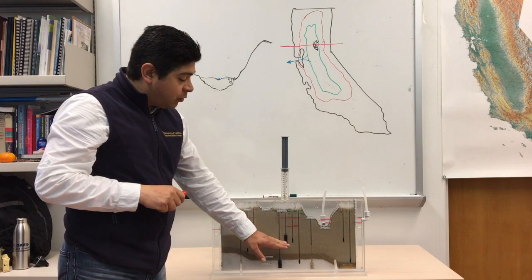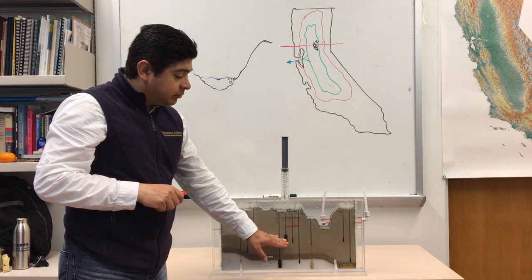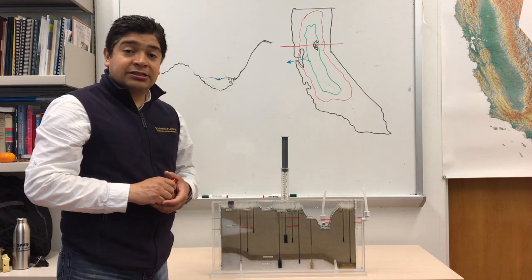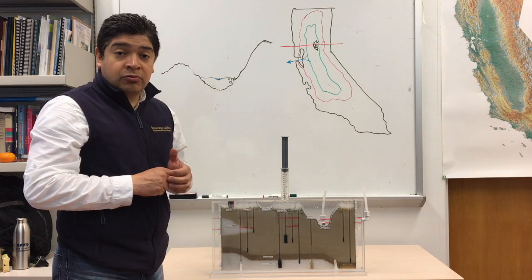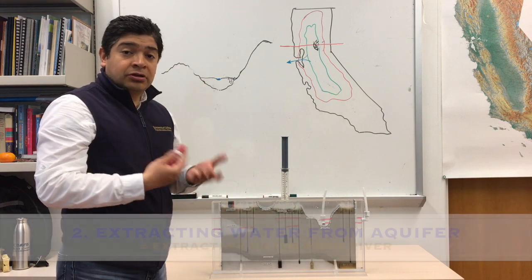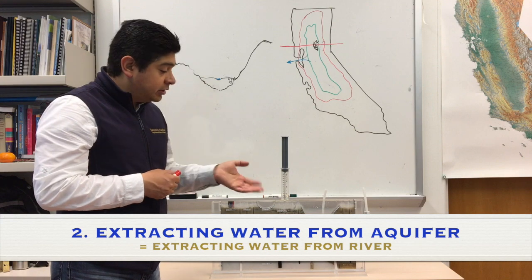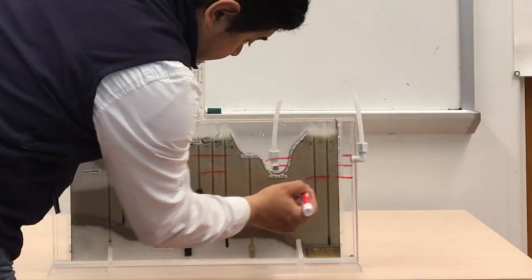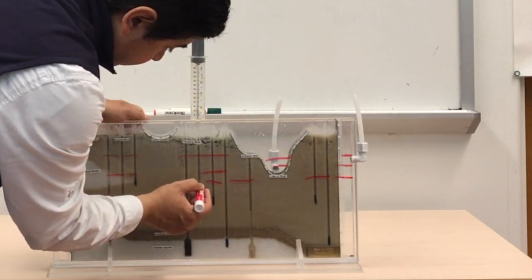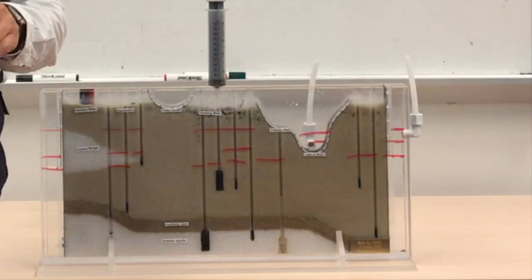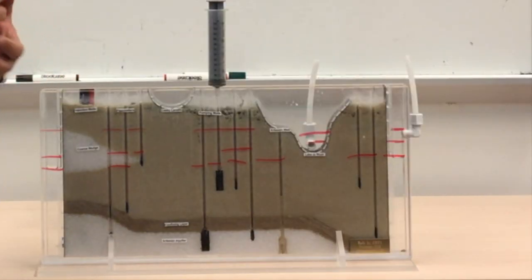Even though I was extracting water from this upper aquifer, notice that the water table throughout the system has decreased. And also now there is no water in the river. Because they are connected, I was not only extracting water from the aquifer, but also from the river. There will be a point where, as I just keep extracting water, the well will run dry.